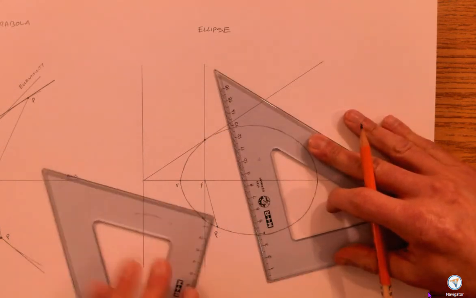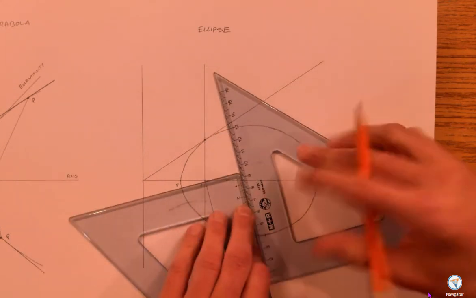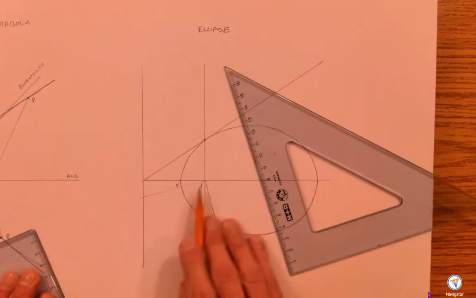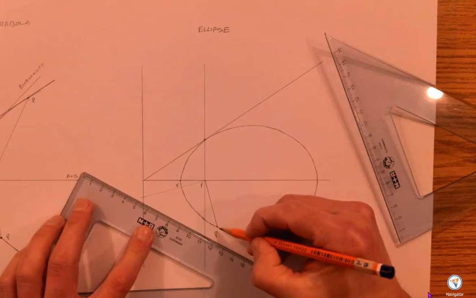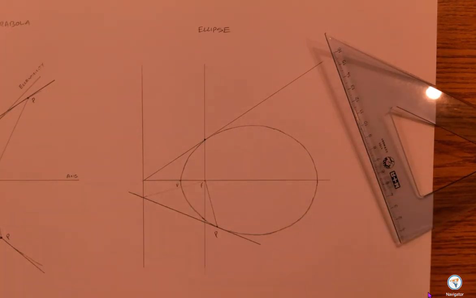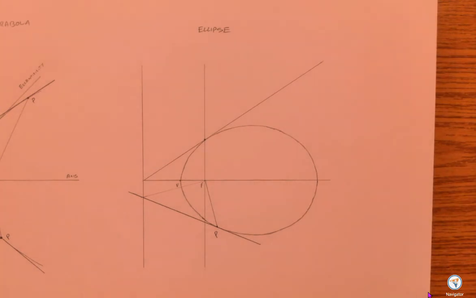So I just come off at 90 degrees, draw my line from the focus to hit the directrix. So the line comes out, that gives me the tangent. Done. That is the same construction as I used for the parabola.